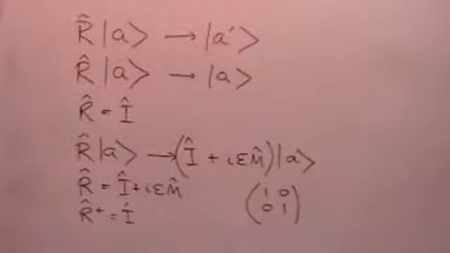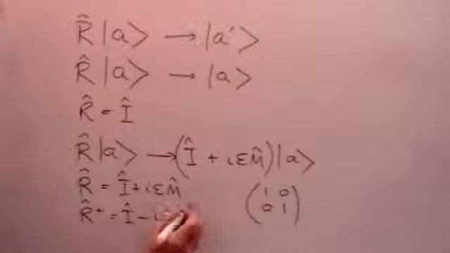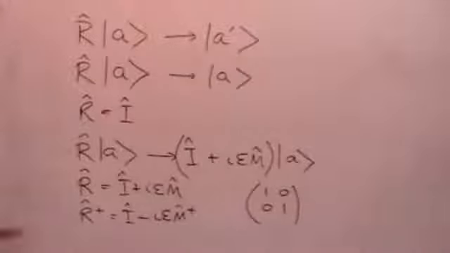If you transpose that and complex conjugate it, you get the same thing. So the Hermitian conjugate of I is just I. And then minus, because we're doing the Hermitian conjugate, I epsilon m dagger. So now we've got the values of R and R dagger.